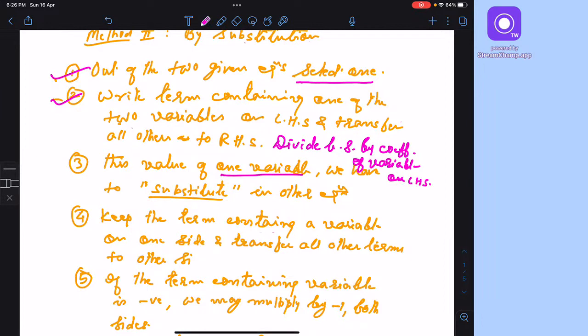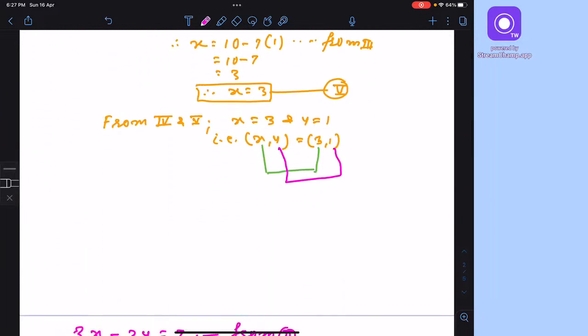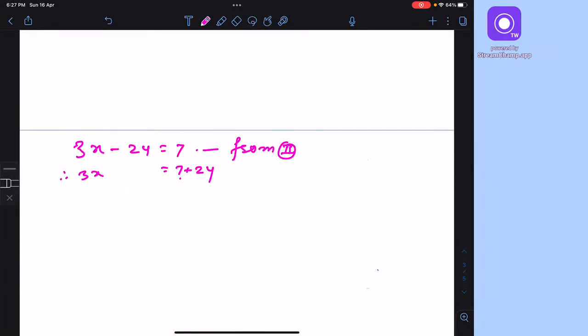This would have been written here as one step. Now here I have to divide by 3. Therefore 3x upon 3 is equal to 7 plus 2y upon 3. Here 3 gets cut and therefore I am getting x is equal to 7 plus 2y upon 3.